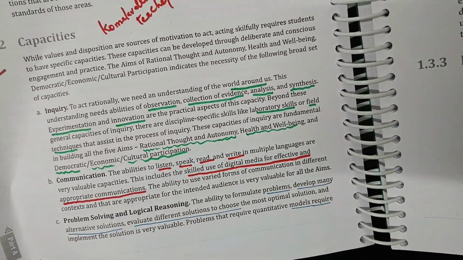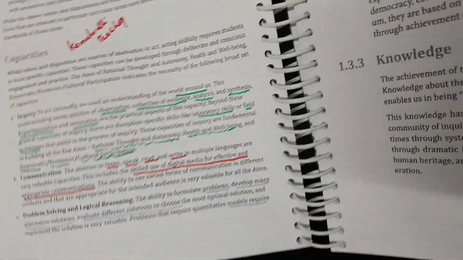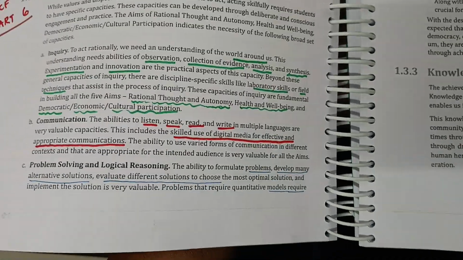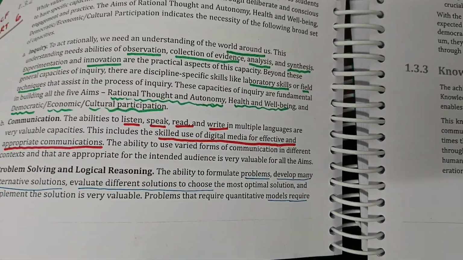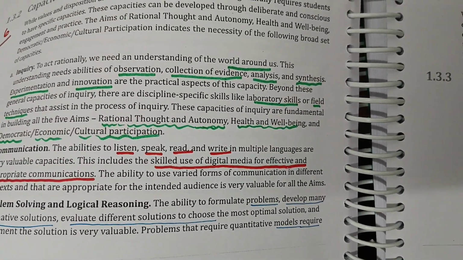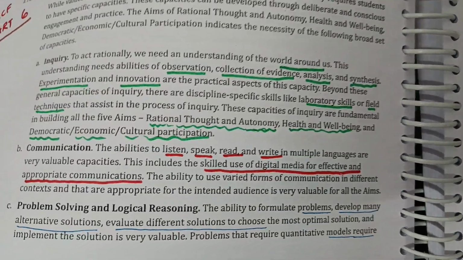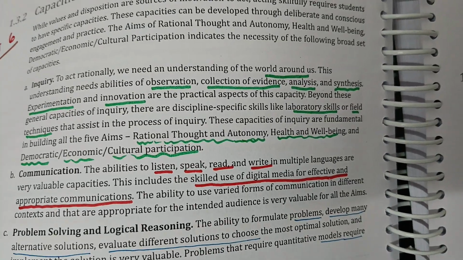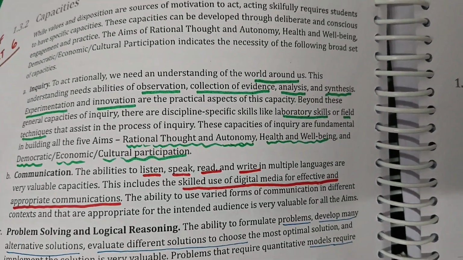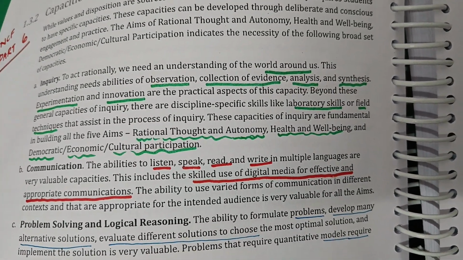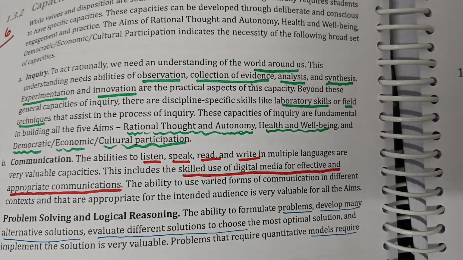On how to develop a language, I have explained several times: first we listen, then speak, then read and write. These are the skills of language. When you have multiple languages, even understanding one or two languages properly is very important for communication.